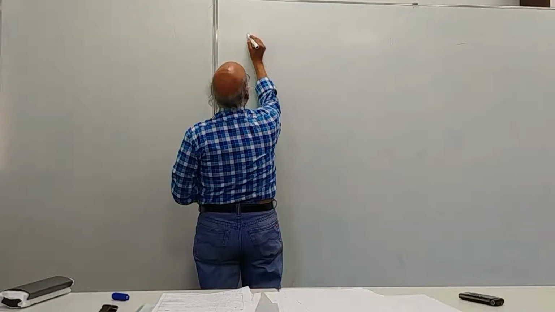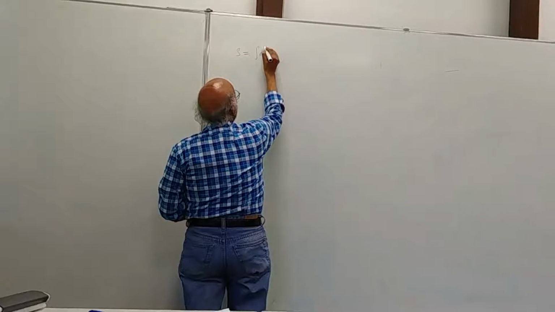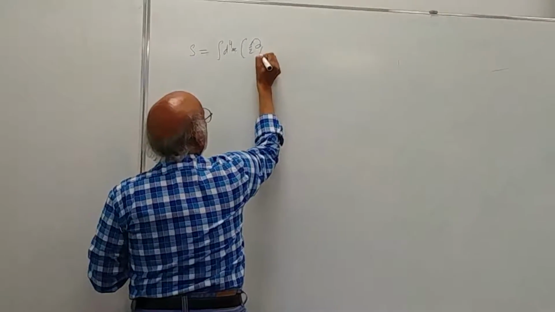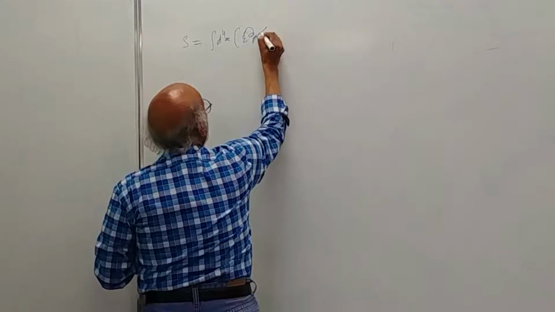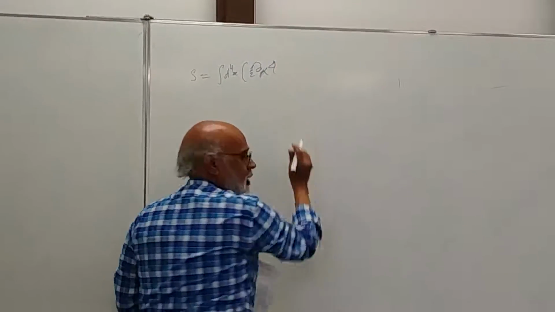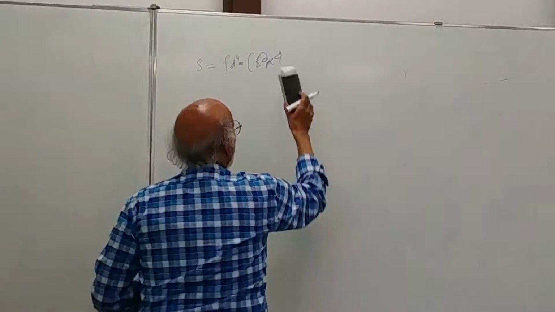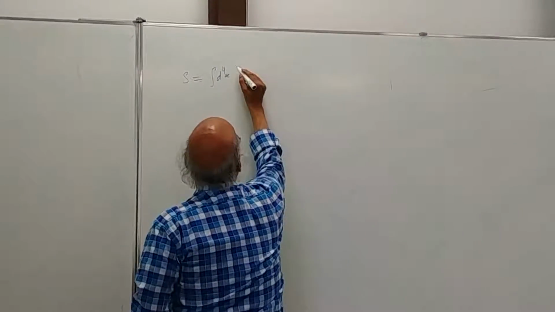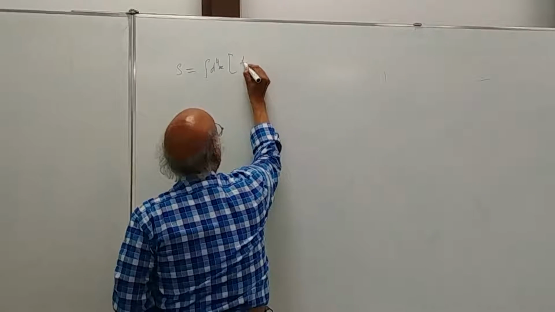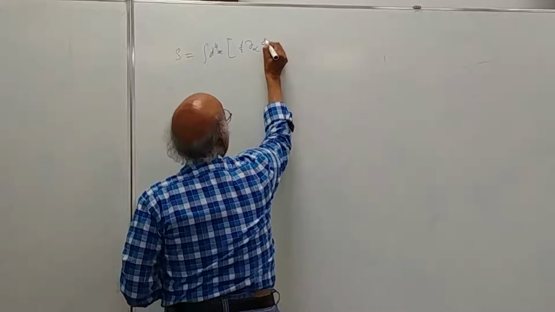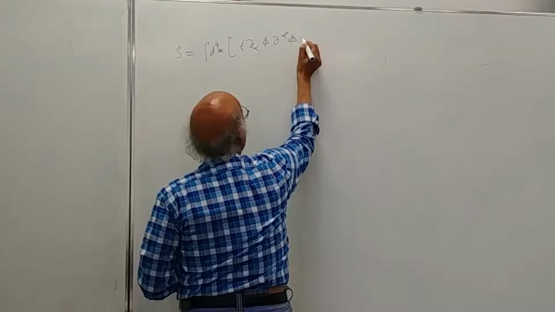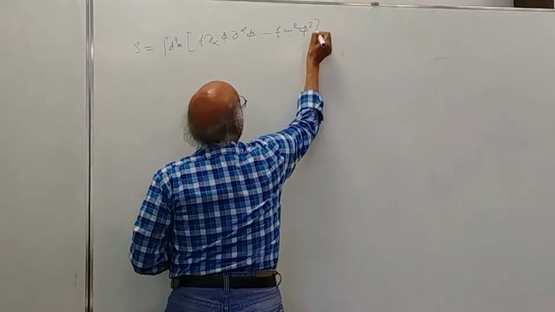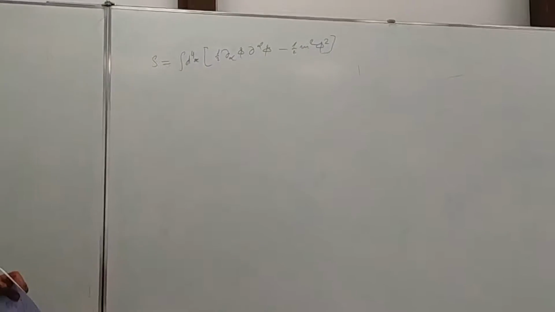In field theory, you write the action as the integral d4x of 1/2 d mu phi d mu phi minus 1/2 m square phi square.